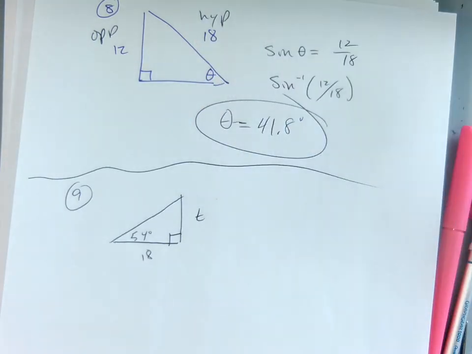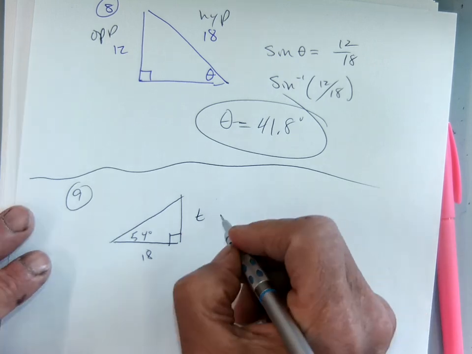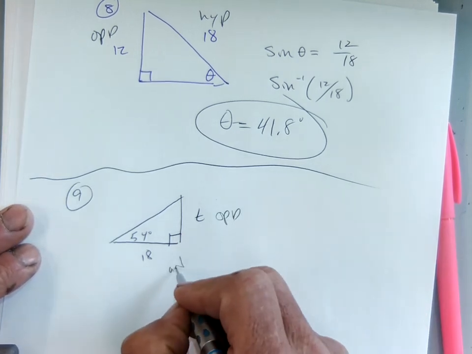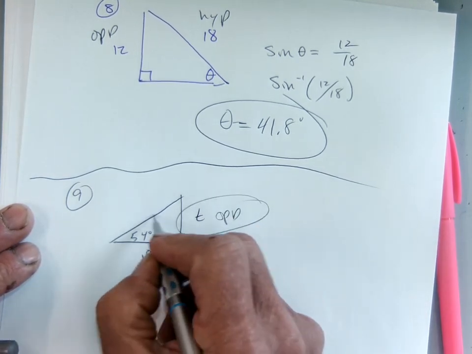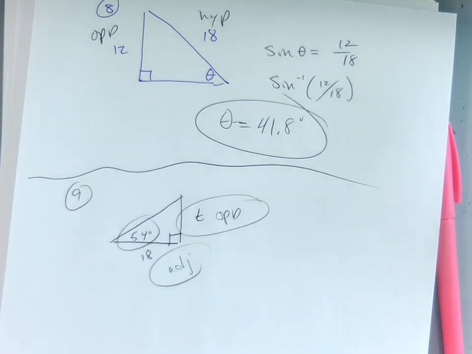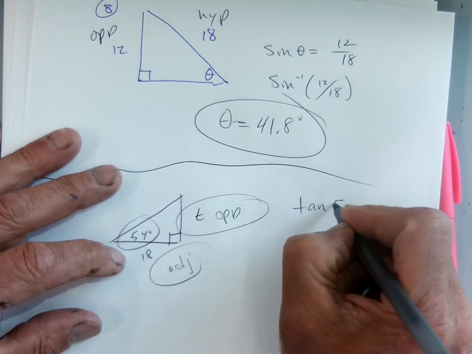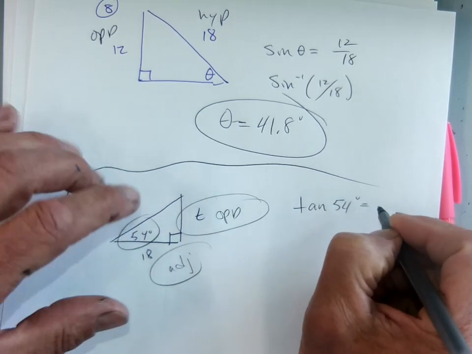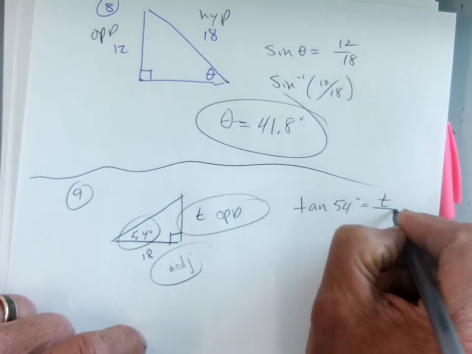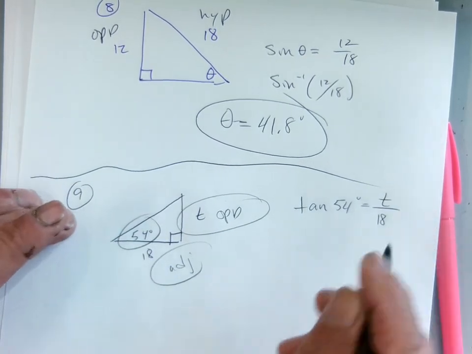All right, I have opposite, adjacent, right? How about tangent? Tangent of 54 degrees equals my opposite over my adjacent.